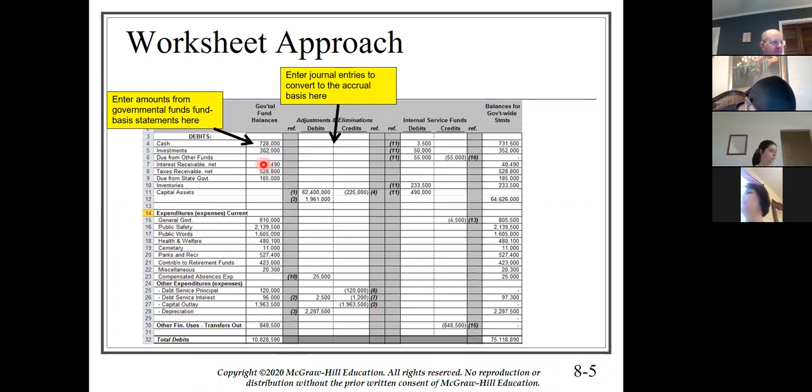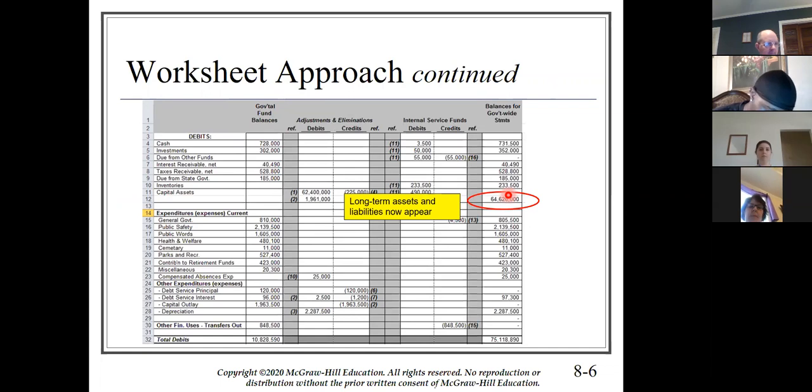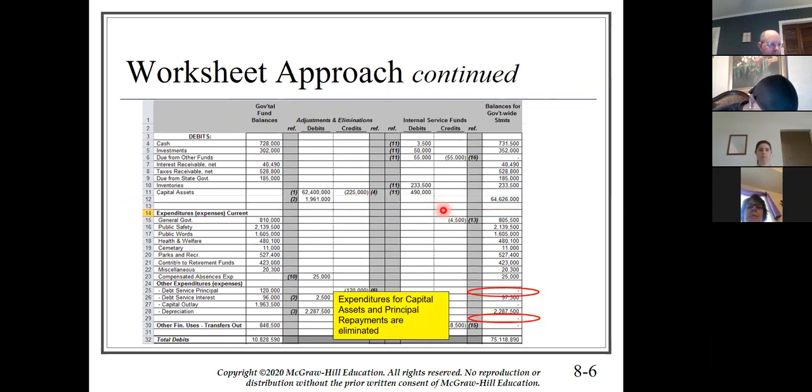So essentially what they're doing here in this section is converting to accrual basis, adding in the internal service fund, and then adding it together to get the total for the government. And once they've done that, they've now added in the long-term assets and liabilities. Then down here it says expenditures for capital assets and principal payments are eliminated.